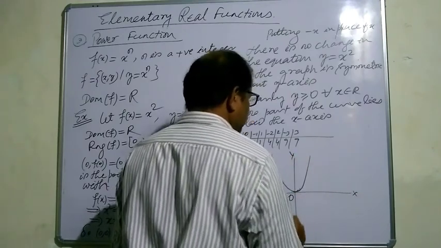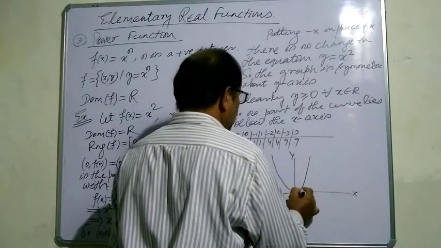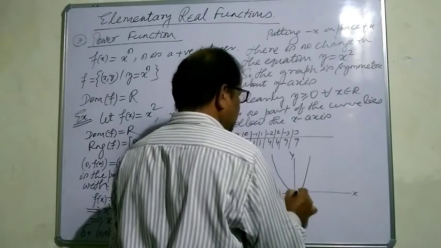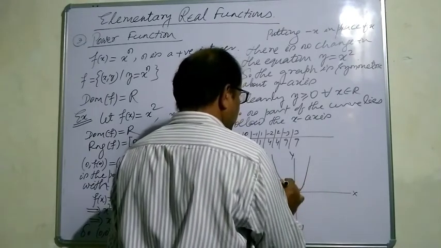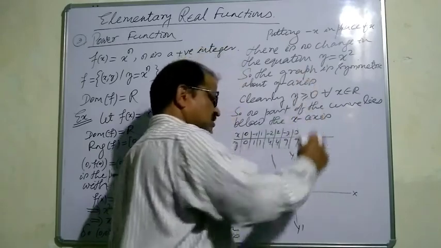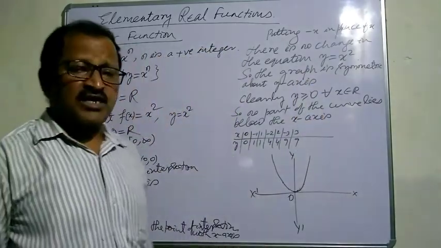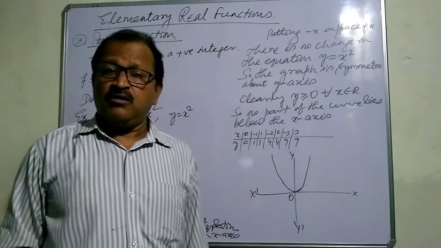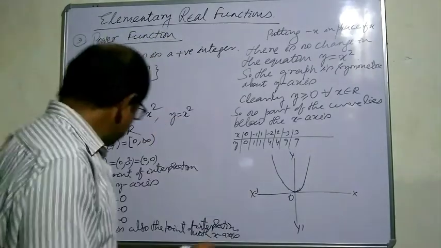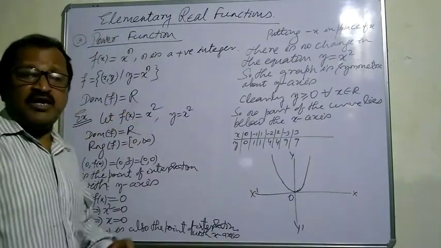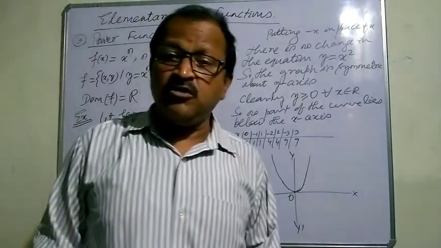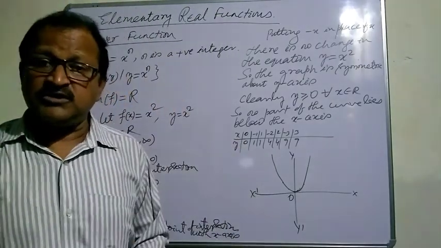We have drawn it for (0, 0), (1, 1), (minus 1, 1), (2, 4), (minus 2, 4) like this. So this is the graph of your function f(x) is equal to x square. This is about your power function.